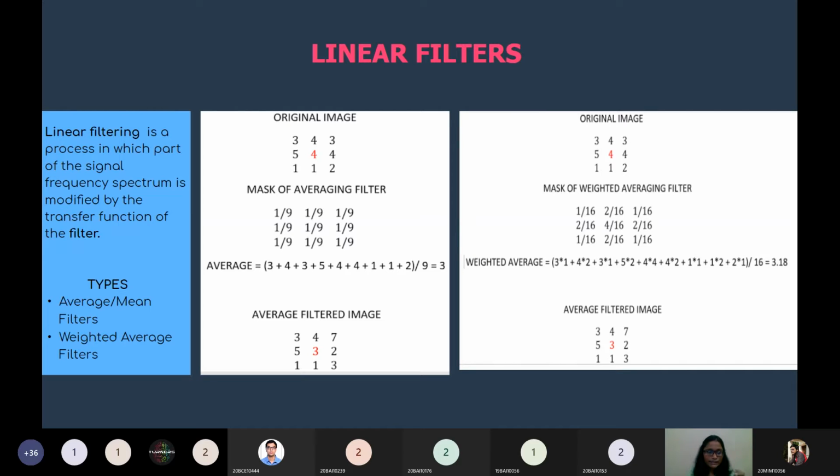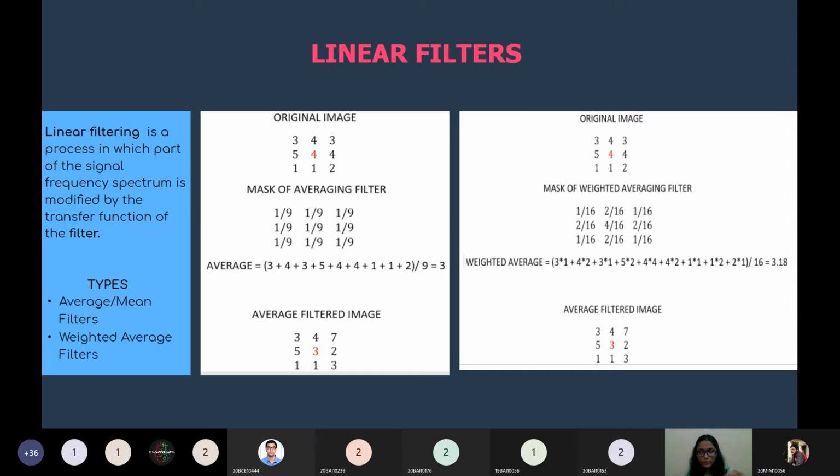Okay. So you have the original image matrix over here. You are taking the mask. Now that mask varies if you are choosing the averaging filter or the weighted average filter. Okay. So if you are taking the mask of the averaging filter, you are going to perform this convolution operation with these values. Like 1 by 9, it's multiplied by 3, so it becomes 3 by 9. 4, it's multiplied by 1 by 9, it becomes 4 by 9.